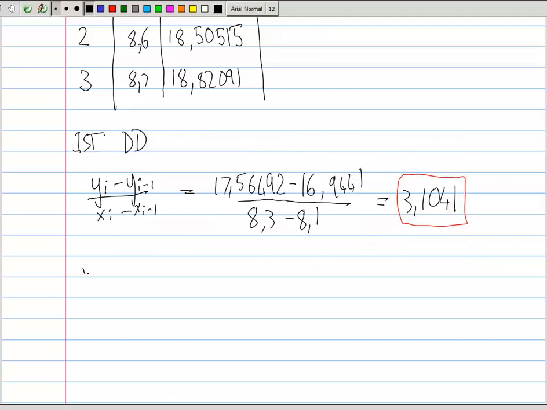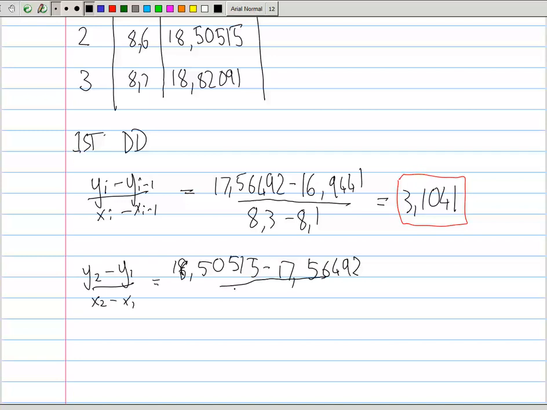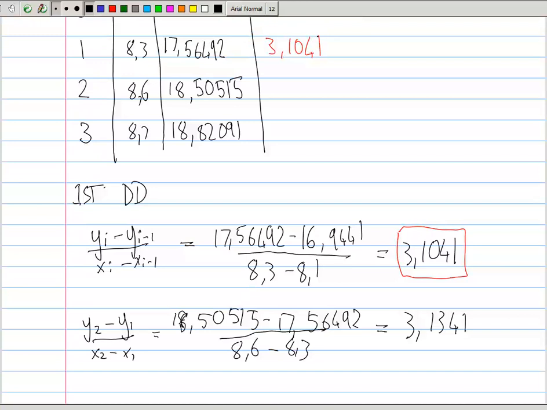So if we want y2 minus y1 over x2 minus x1, we land up with 18.50515 minus 17.56492 divided by 8.6 minus 8.3, and that comes out to 3.1341.